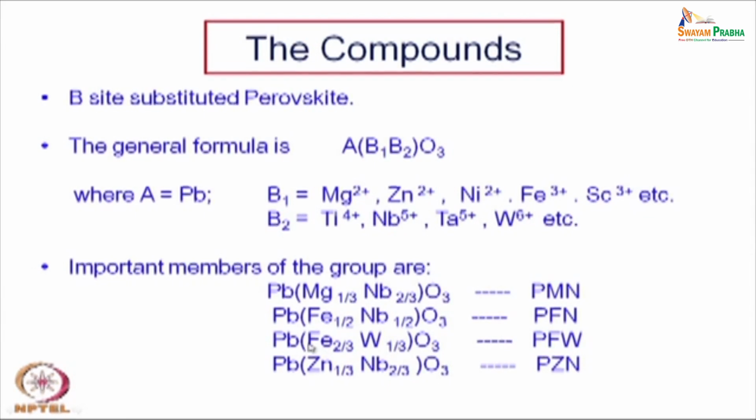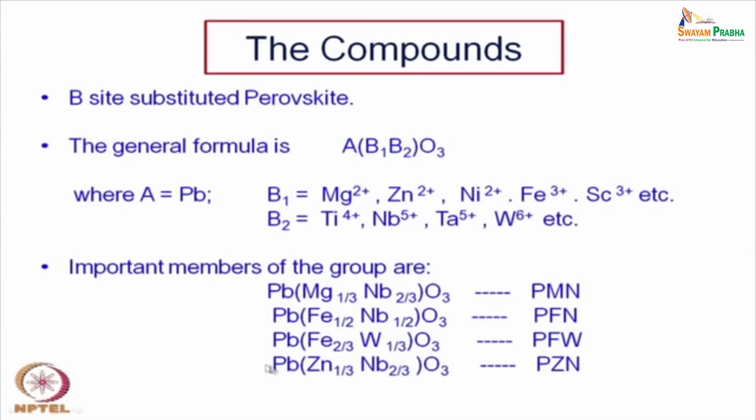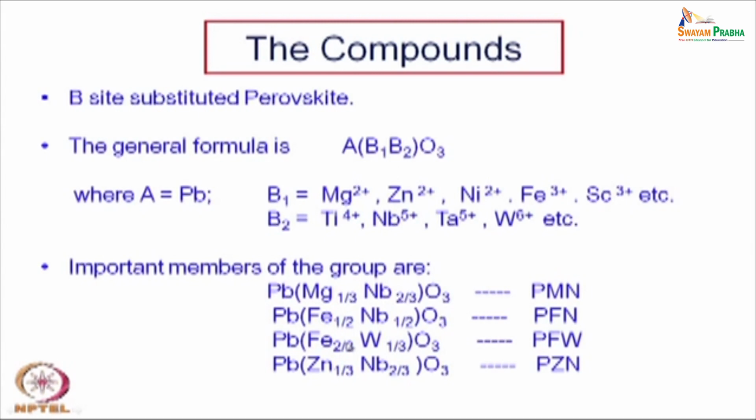You can have PFW, which is iron plus niobium replaced by tungsten. That is also possible. Of course, the ratio will be different to satisfy charge neutrality. And then lead zinc niobate is also another member. All these compounds are actually relaxor ferroelectrics, having the 4 different characteristics which we have mentioned earlier.